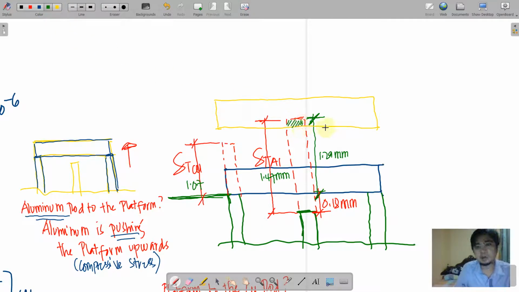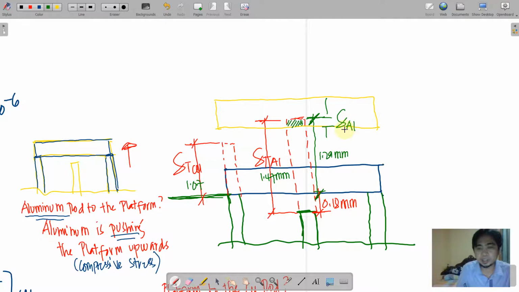This is the fiber which is subjected to compressive stress. Okay, so this is the subject for compressive stress. So if we're going to label that, this now is delta of aluminum.